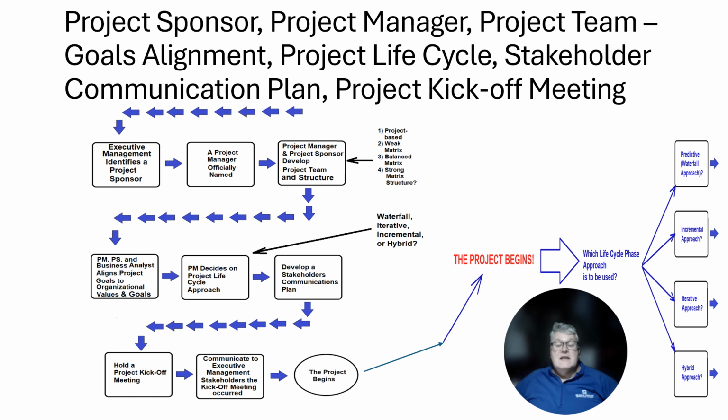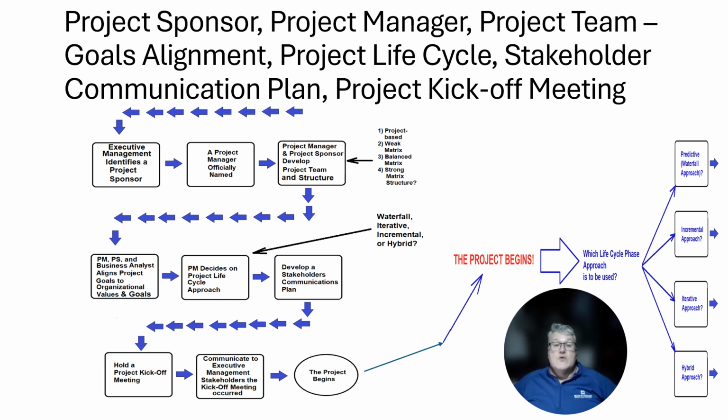The next likely step in the process after the project charter has been approved is that executive management identifies a project sponsor. They're probably doing that when they're looking at the project charter. Once a project sponsor is selected, and oftentimes a project sponsor is somebody from the executive management team, they will be someone saying, I am going to help facilitate this project.